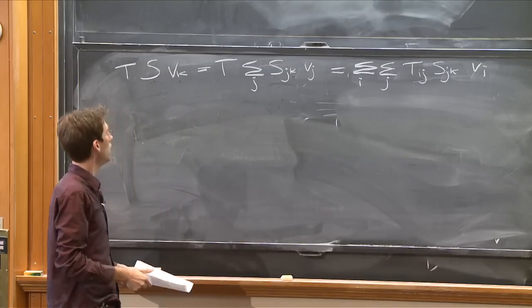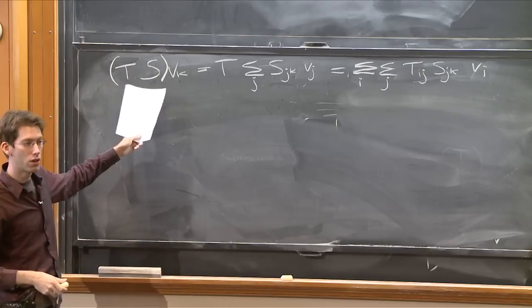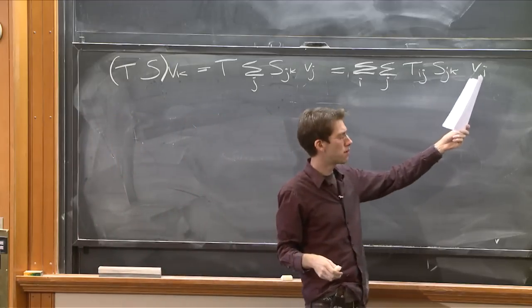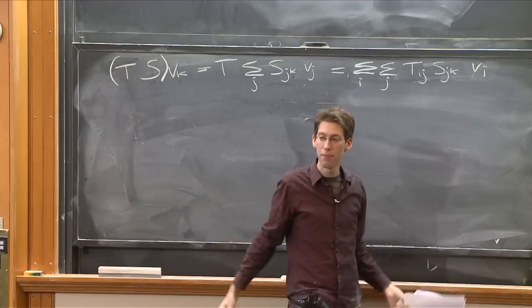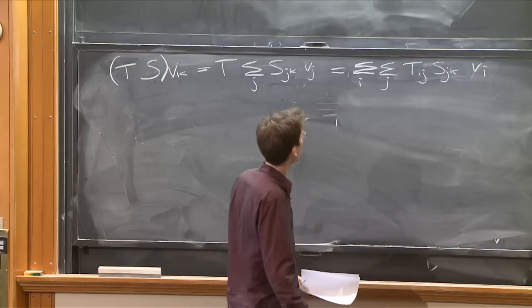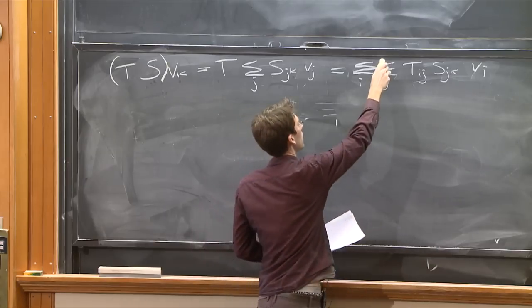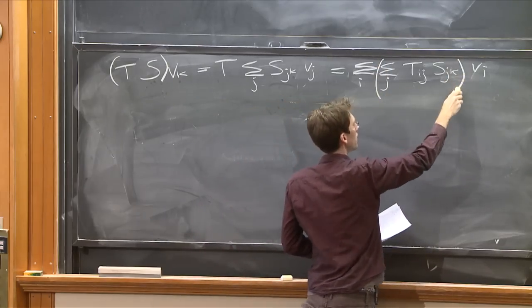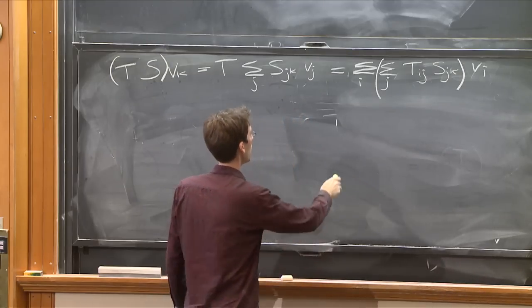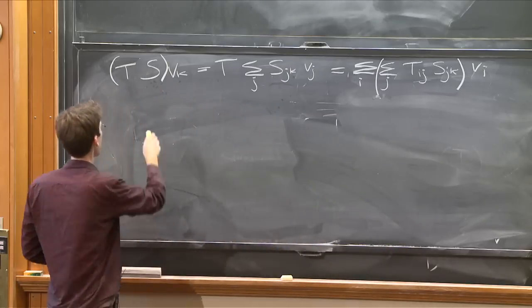And now, what have we done? TS is an operator. When you act on v_k, it spat out something that's a linear combination of all of the basis states, v_i. And the coefficient of v_i is this part in the parentheses. And so this is the matrix element of TS.